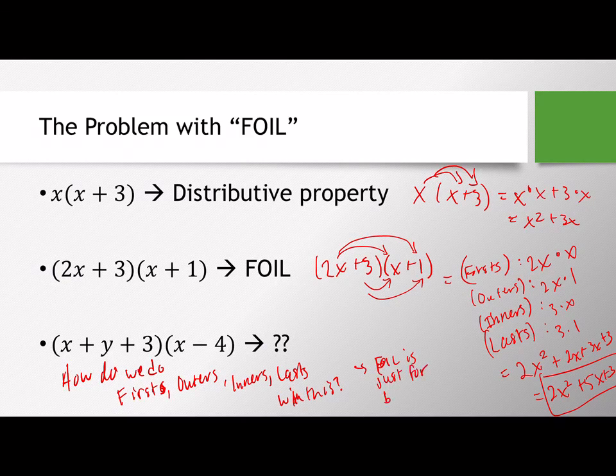It has no meaning when you have a trinomial or any other polynomial. So when we do have something like this, we have to use the distributive property like we've been doing before.